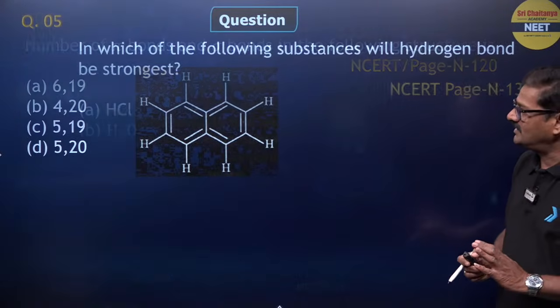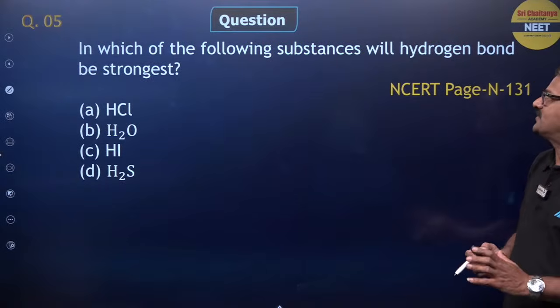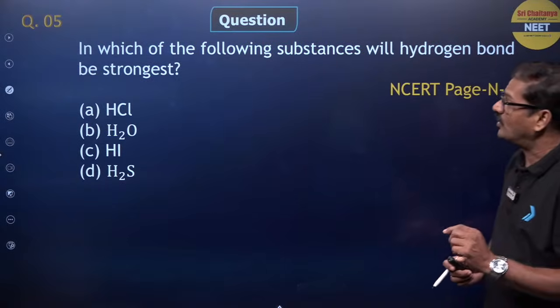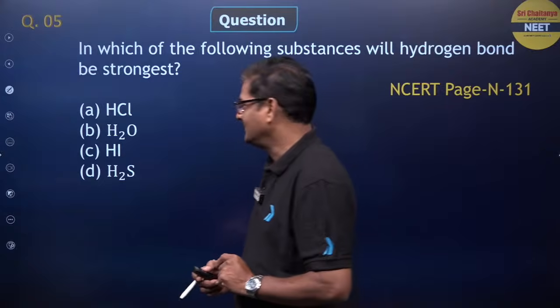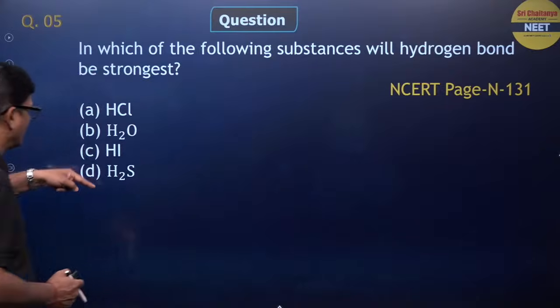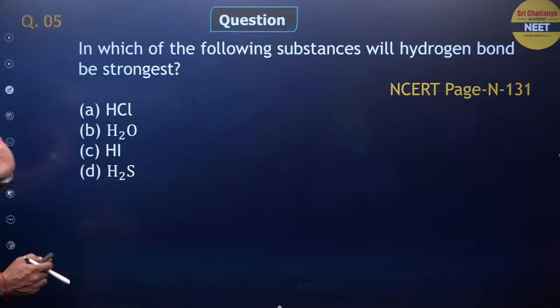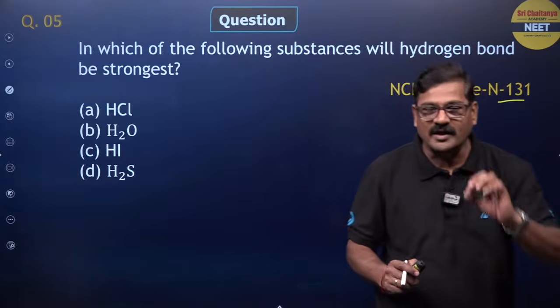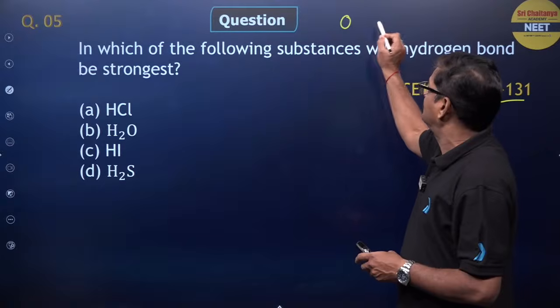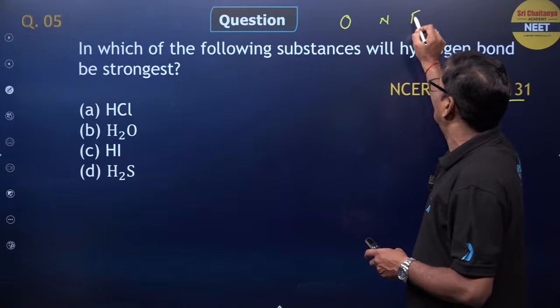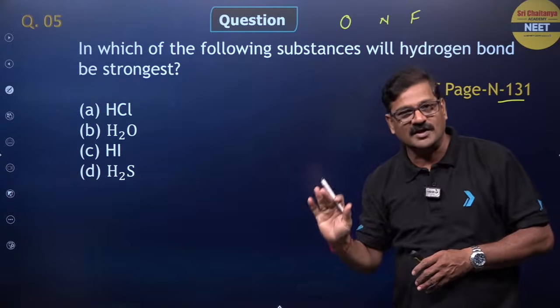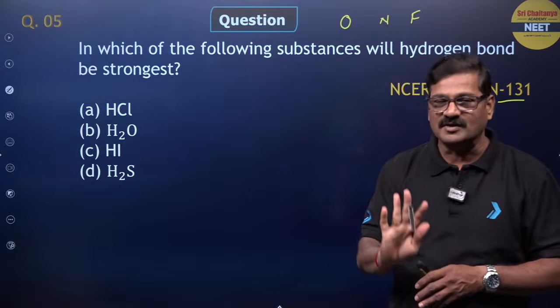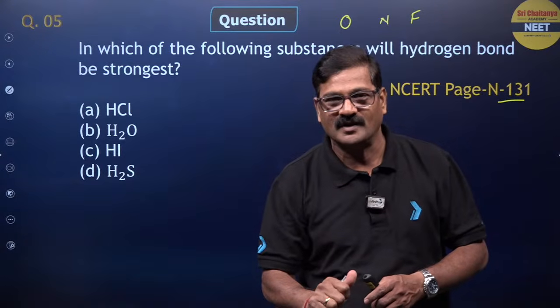Okay, and let us see which of the following substances will have the strongest hydrogen bond. You see the hydrogen bond is formed only by oxygen, nitrogen and fluorine. These are the only 3 elements that are eligible for hydrogen bonding.